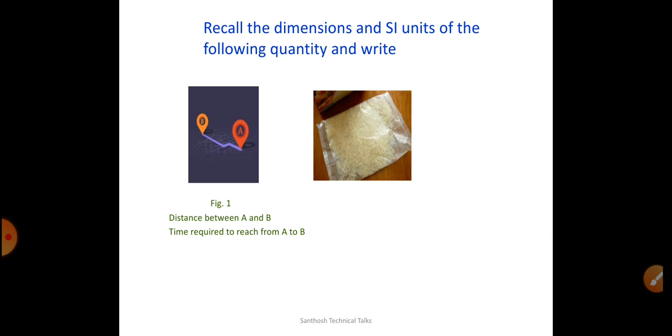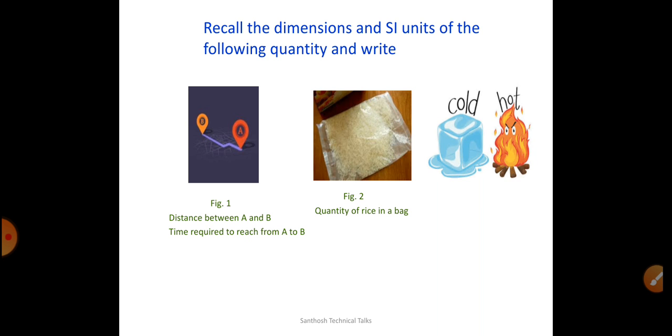So what does it mean? It is a quantity of rice bag. It is mentioned as mass in terms of kg, length in meter, time in second or minute or hour, whereas the quantity of rice bag is in terms of kg. Next, it is a temperature. We can see the image. We can easily predict it is a temperature, the degree of coldness or degree of hotness.